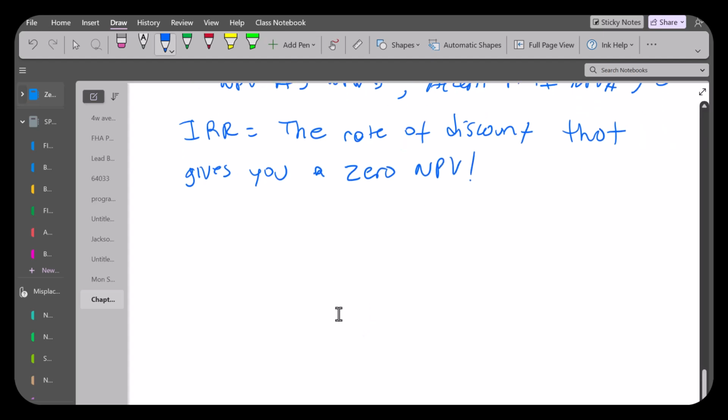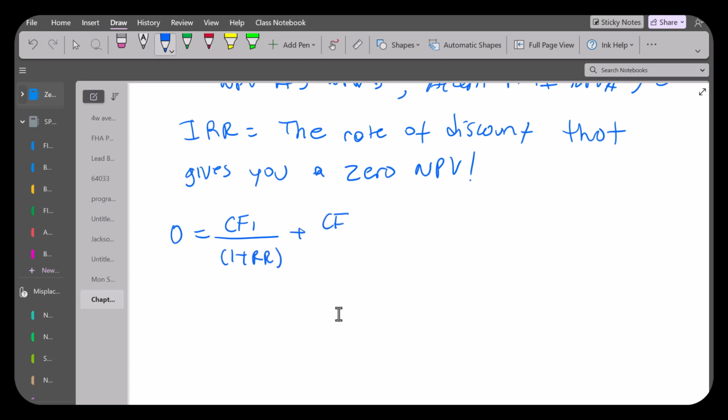It solves the following equation. This is a highly nonlinear equation. There is no explicit solution.